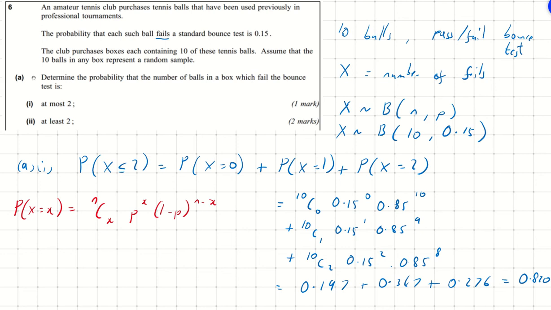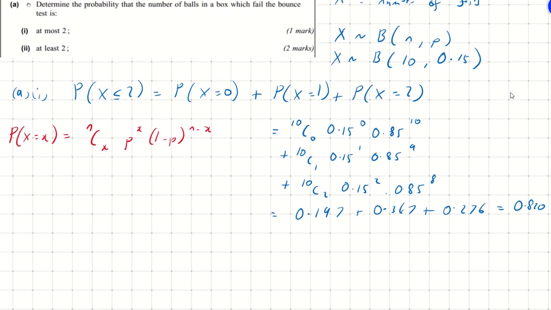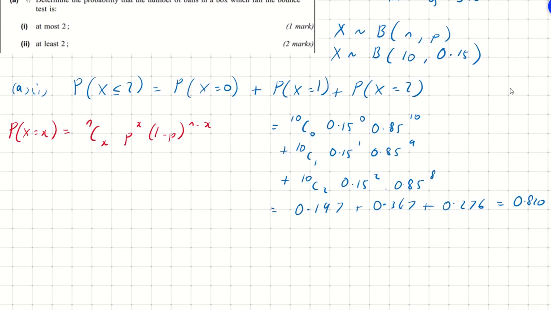Okay. In part 2, it now asks for the probability of at least 2 balls failing. Well, what's at least 2 balls? In part 2, we now want P(at least 2 balls).